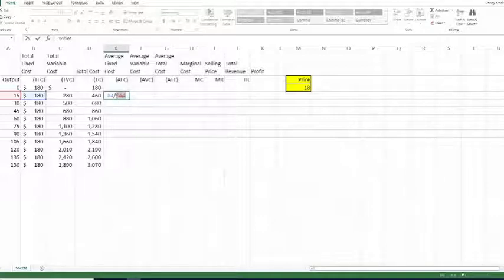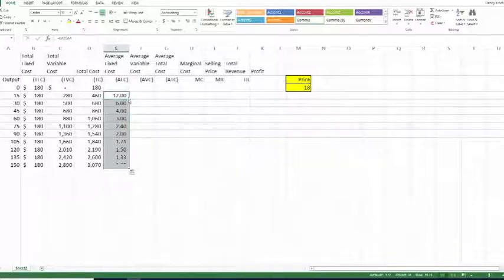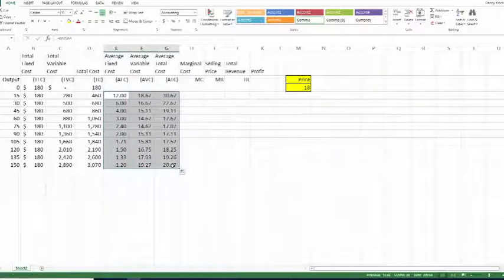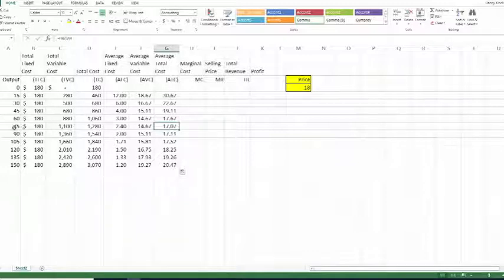I'm just going to enter this in. Then I'm going to double click to go down. Then while it's still selected, go to the bottom and get the autofill and click and drag over to the right. So this here, I'm just going to check, right? The 1707 here, the average total cost at 75 output.